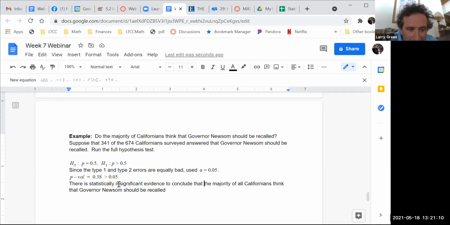And there's, let me boldface the in, because that's really important. So there's insignificant evidence to conclude that the majority of all Californians think that Governor Newsom should be recalled. Notice, insignificant evidence is the same thing as saying we ended up not knowing anything.